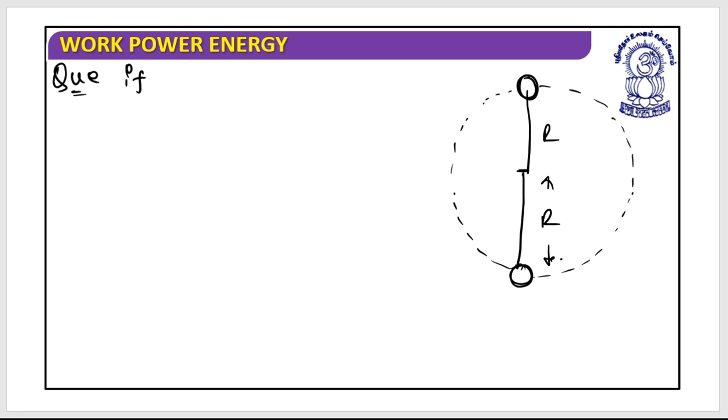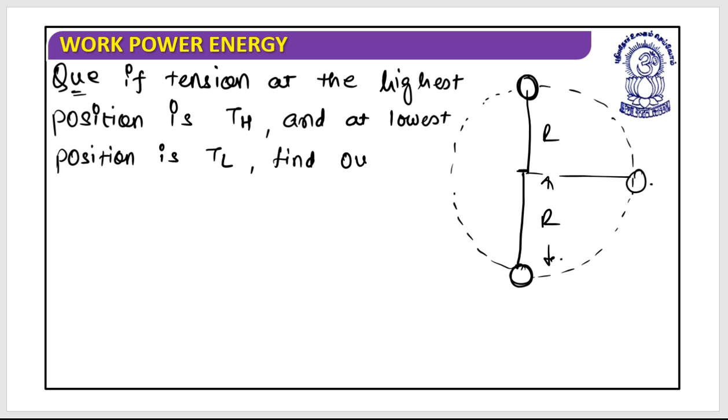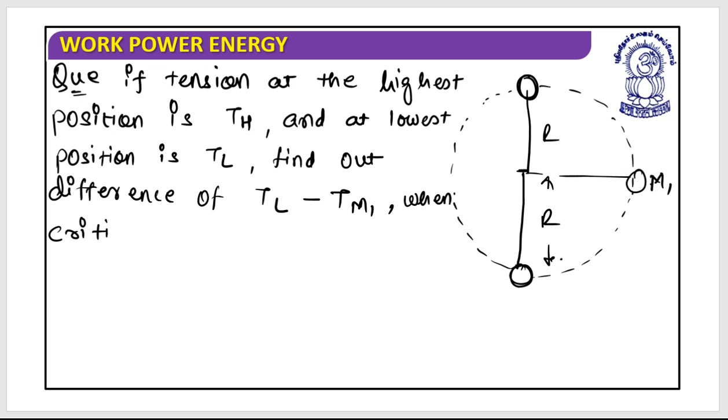So if the tension at the highest position is TH, and at the lowest position is TL, find out the difference of TL minus TH when the critical condition is observed.